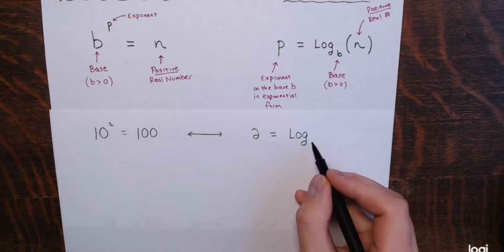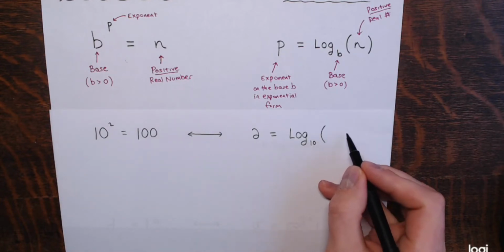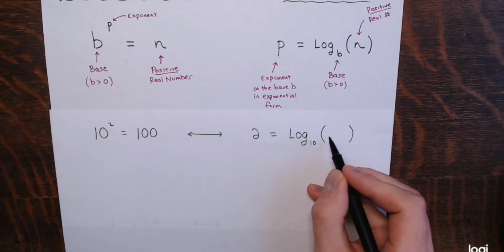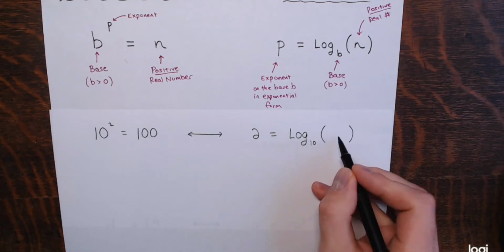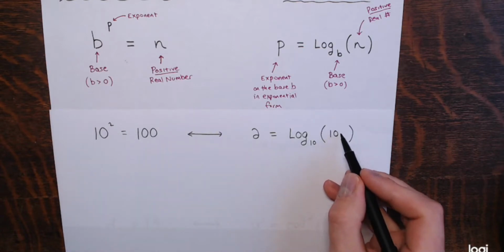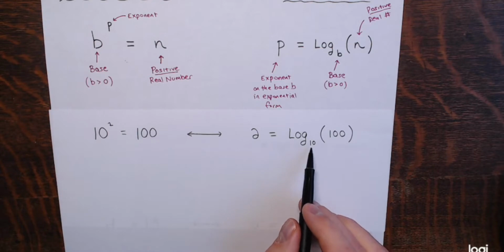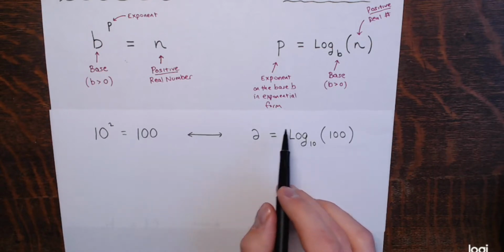So I write a little 10 here. And then the input of the logarithm, right, in parentheses. So the log of what is that positive number on the other side, the 100. Right? So the log of 100, base 10, is 2, meaning that 10 to the second power is 100. Right? They mean the same thing.